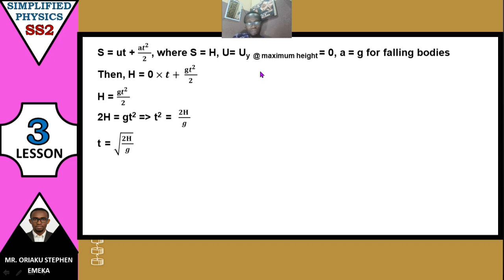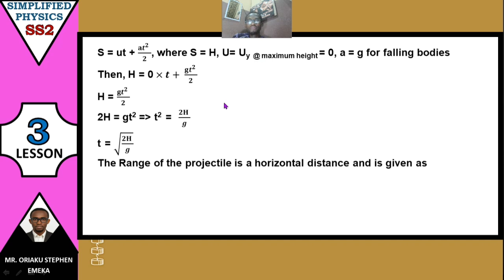Now note the difference. The range of the projectile, how do you get it? Range is a horizontal distance. What is responsible for horizontal distance? Is it the vertical motion or horizontal motion? Horizontal motion is what gives us horizontal distance. So the range is given by horizontal velocity times time.